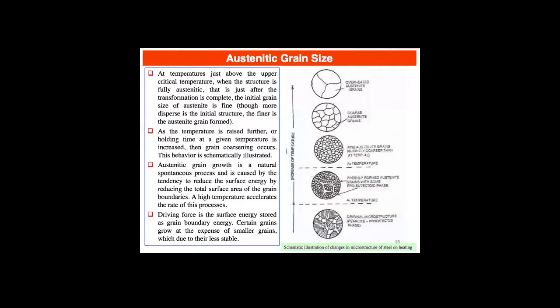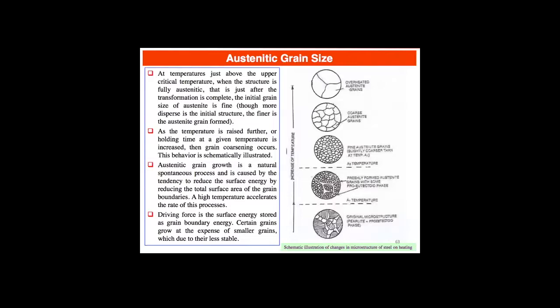So basically, if we go through the steps, we start with our original microstructure here, and this is a hypereutectoid microstructure. So we have a nice coarse pearlite and proeutectoid ferrite that's formed.